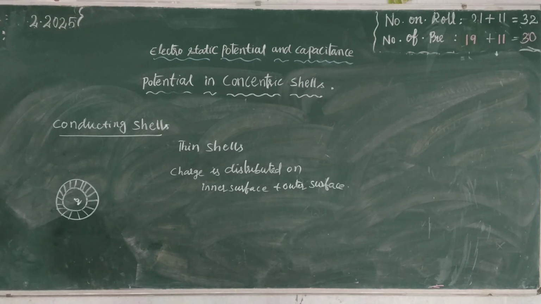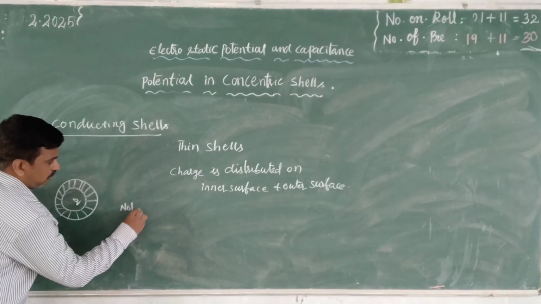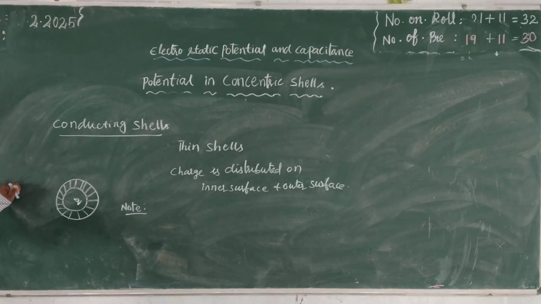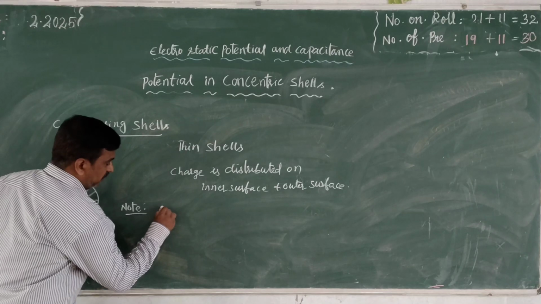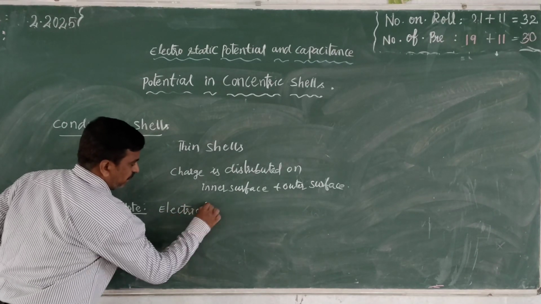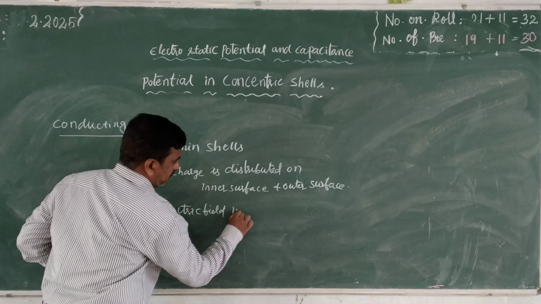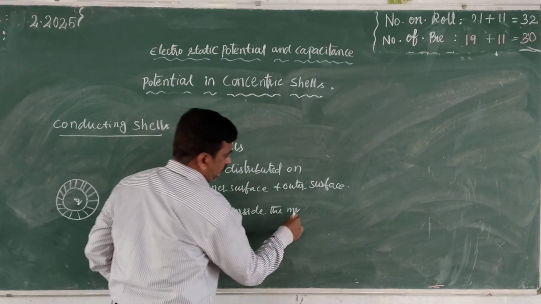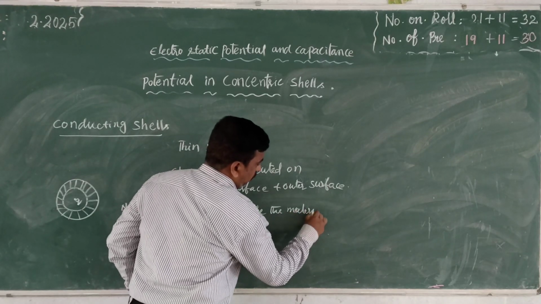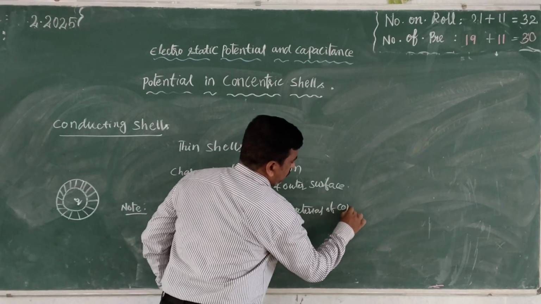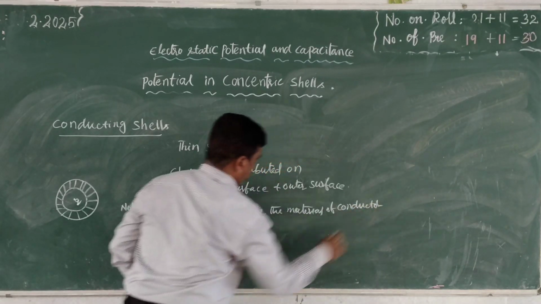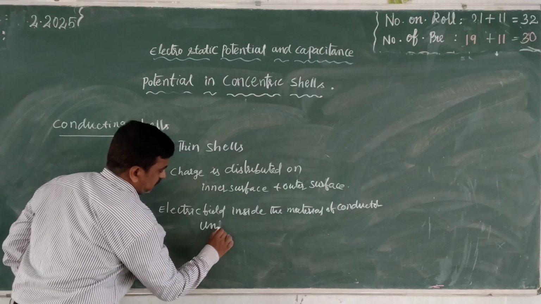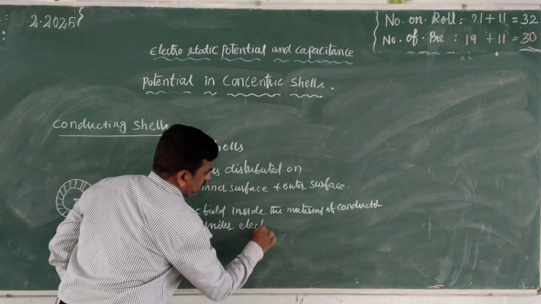For that, one important point to note: the electric field inside the metallic conductor, the material of the conductor, is always zero under electrostatic condition.